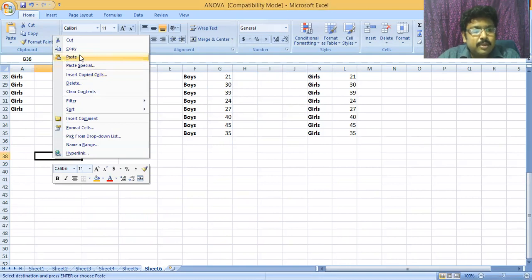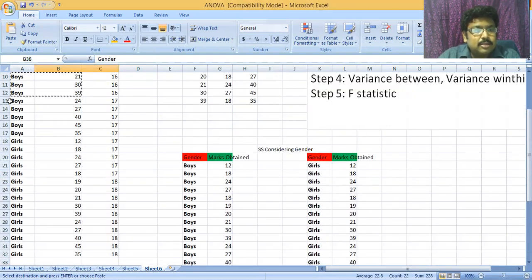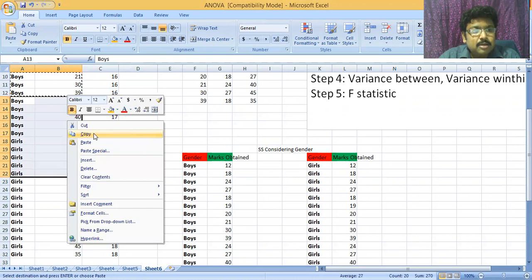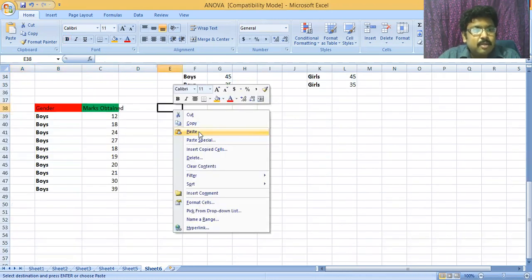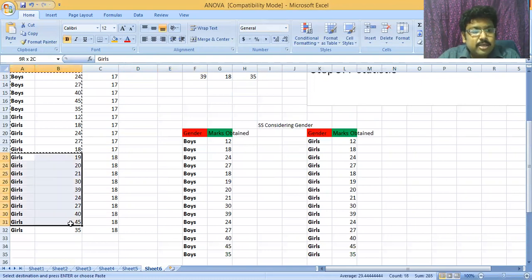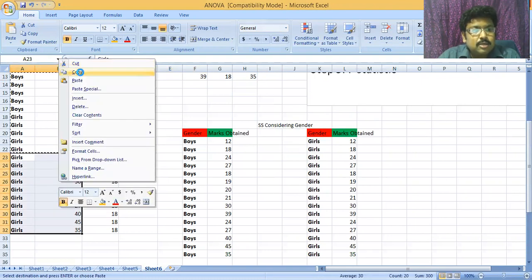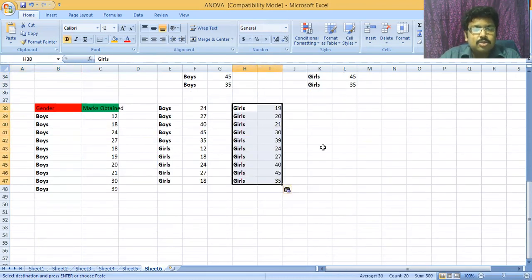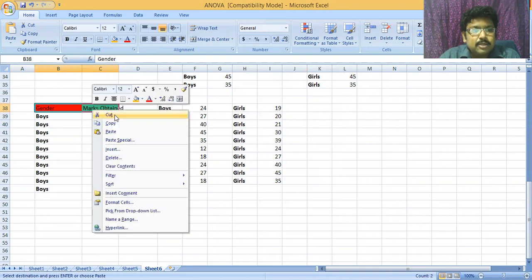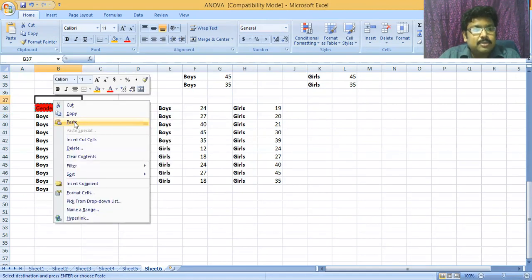Here first, this is the marks obtained by 17-year-old students, and the last one is the 18-year-olds. This is the marks obtained.